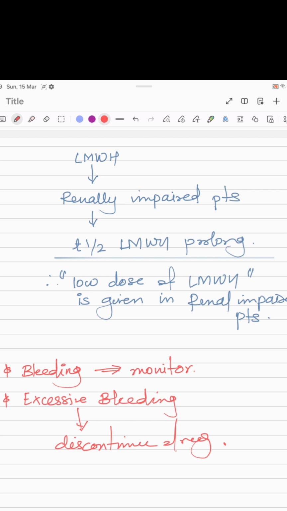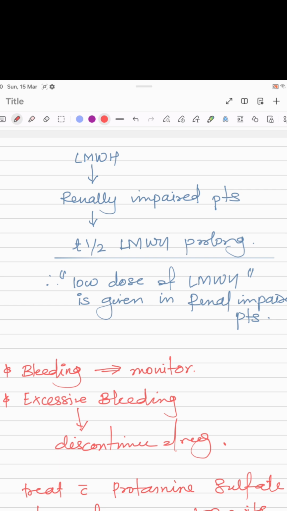And you have to treat with protamine sulfate, that is 1 mg for every 100 units of heparin.